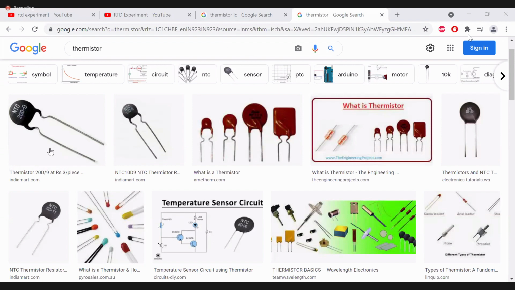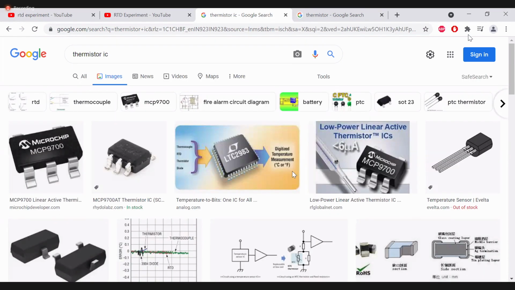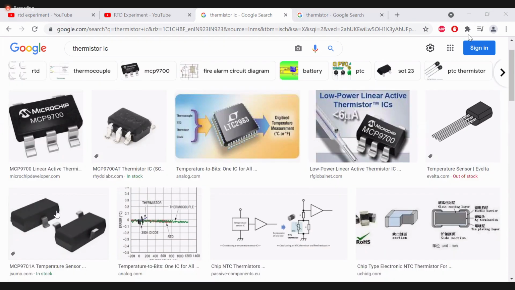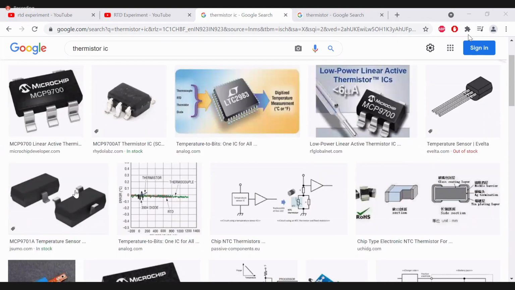And these are the ICs. Thermistor ICs. This IC has only 3 pins. Here you can see the 3-pin IC.